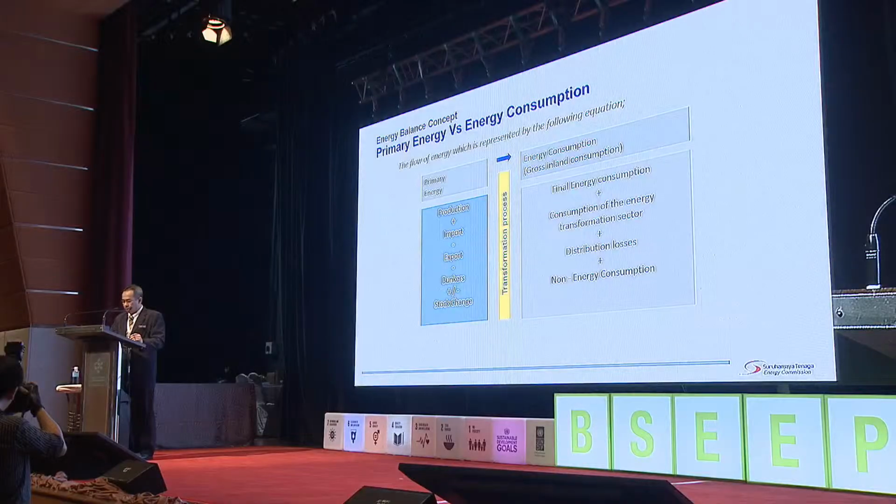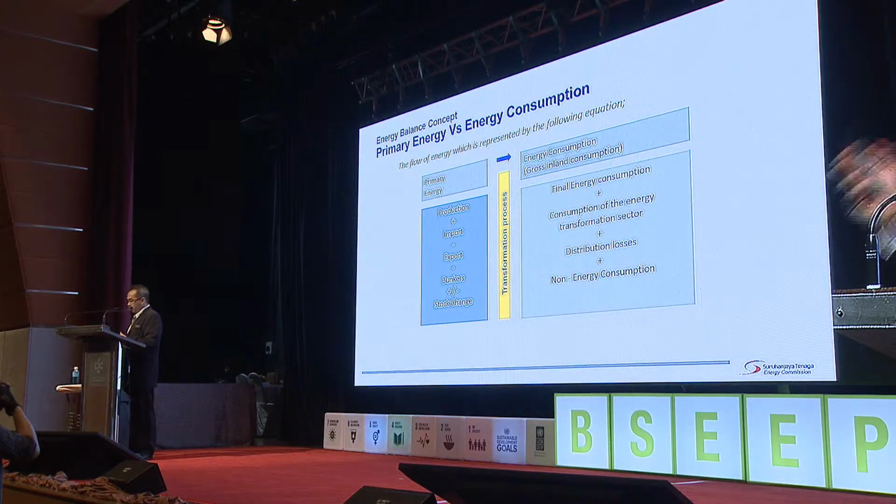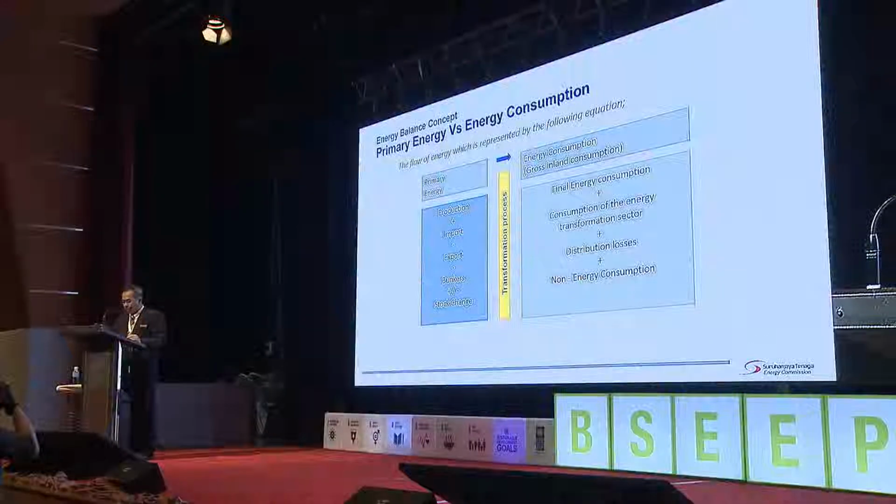Ladies and gentlemen, I would like to show again this slide shown by Mr. Wong just now. But Mr. Wong goes too fast. This is about the energy balance concept: primary energy versus energy consumption. So where do we get our primary energy? We go for transformation, and who are the consumers? Well, the primary energy is the production, number one.